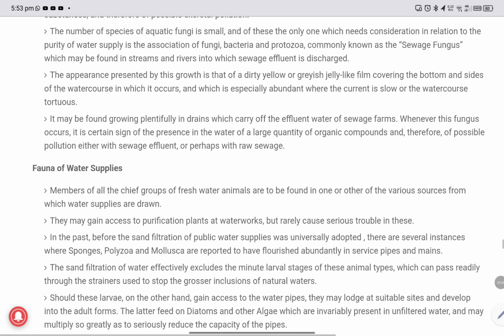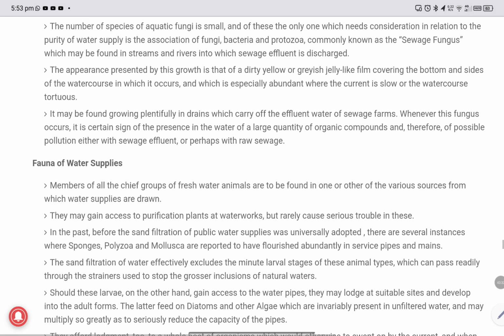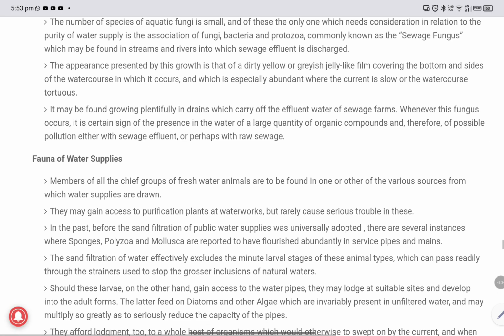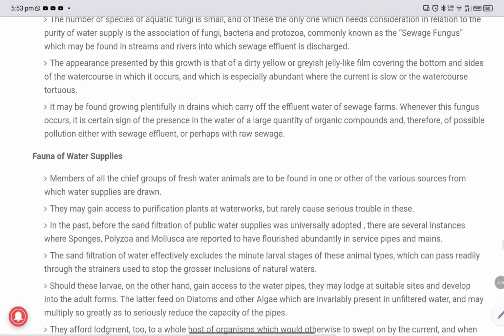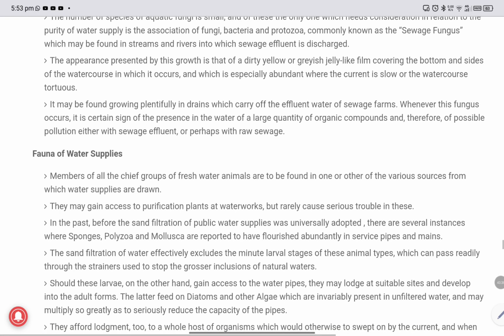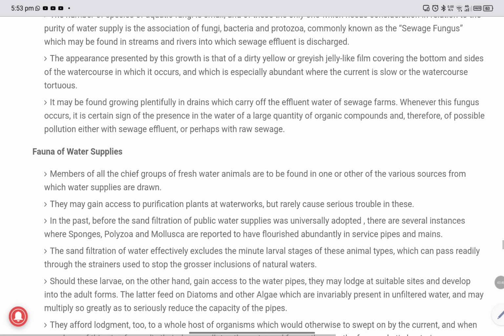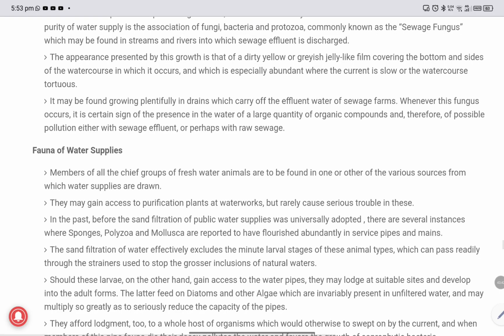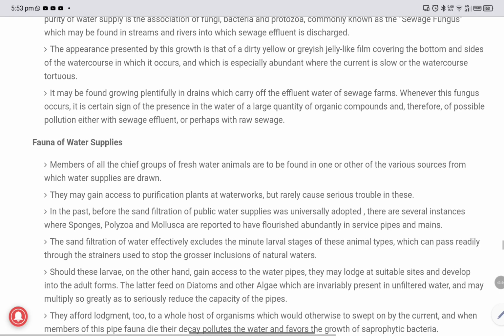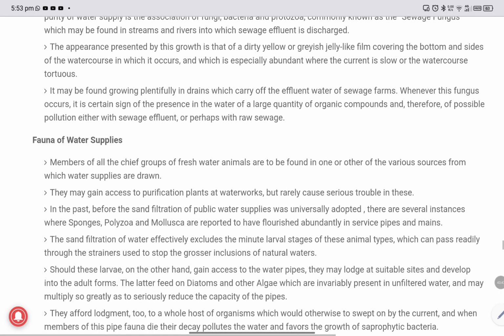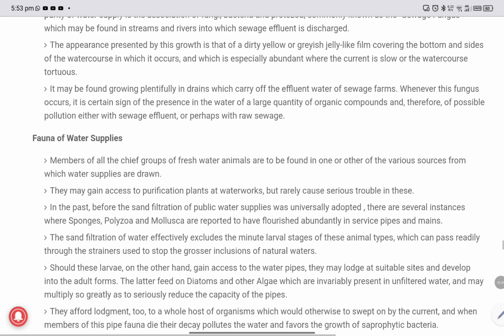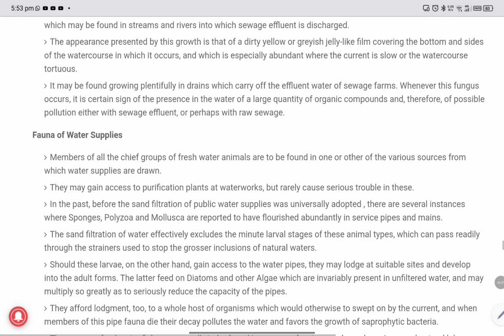The appearance presented by this growth is that of a dirty yellow or greyish jelly-like film covering the bottom and sides of the watercourses in which it occurs, and which is especially evident where the current is slow or the watercourse tortuous.